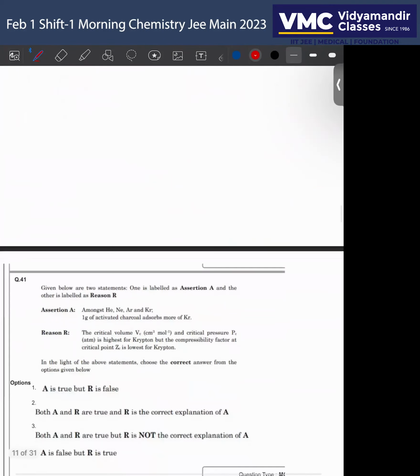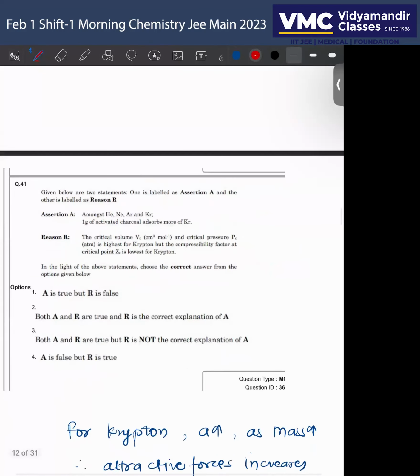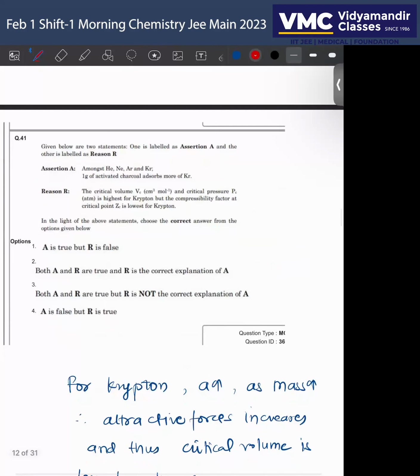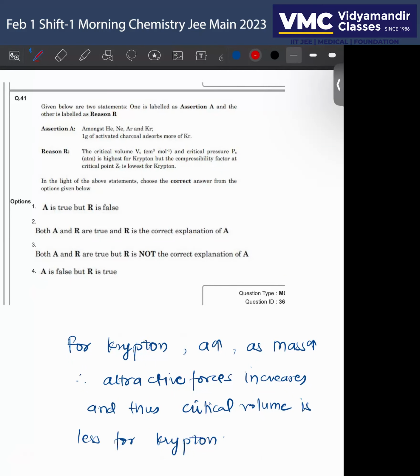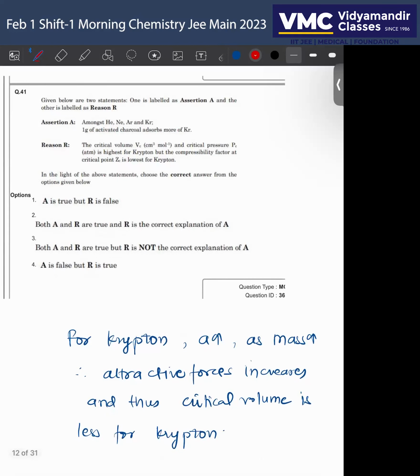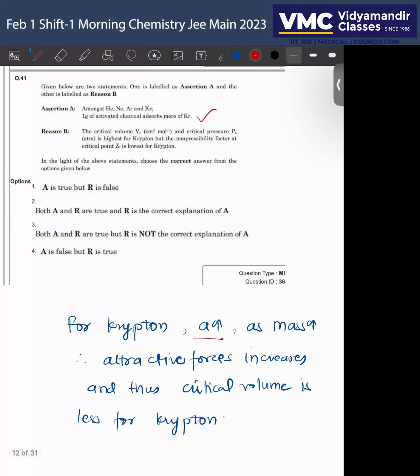Okay. Next, given below are two statements. One is assertion and another is reason. See, the assertion says that among helium, neon, argon, and krypton, these all are noble gases, 1 gram of activated charcoal adsorbs more of krypton. This is correct. See, as the mass increases, we know that the attractive force increases and hence the rate of adsorption increases. Therefore, krypton adsorbs more in comparison to helium, neon, and argon.